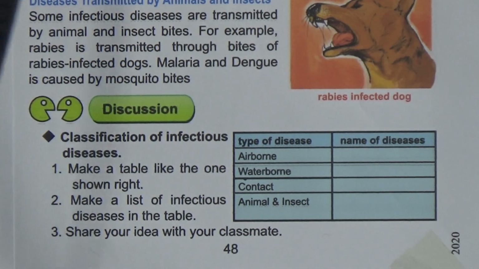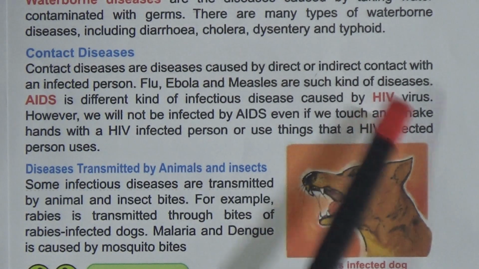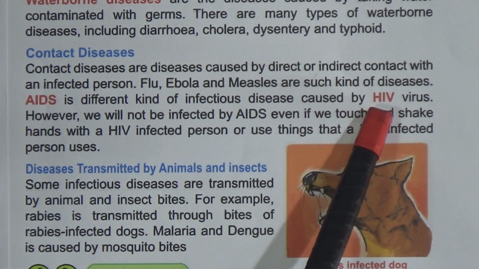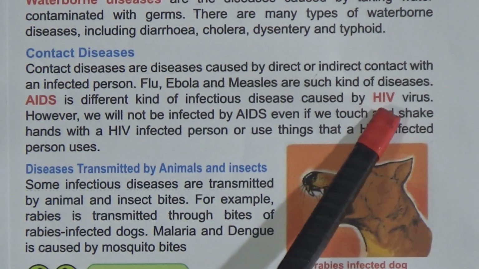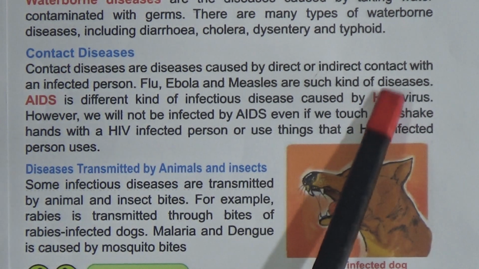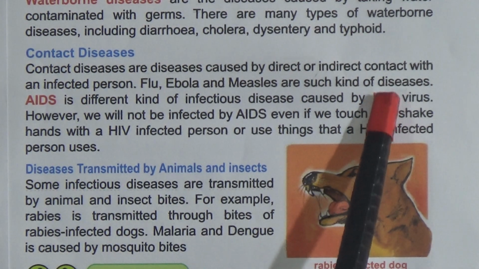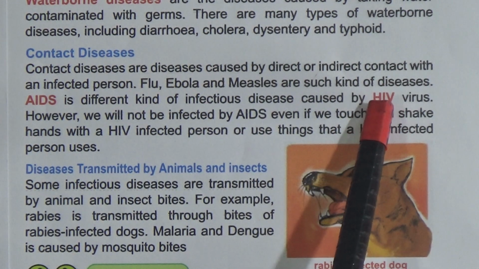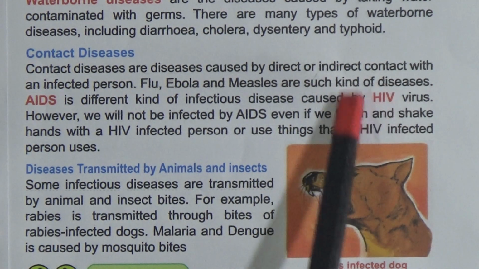AIDS is not a common type of contact disease. We know another type of virus, that is the HIV virus, that causes AIDS. The full form of HIV is human immunodeficiency virus. You know about the immune system, and this virus destroys our immune system, and that's why it is a dangerous virus.